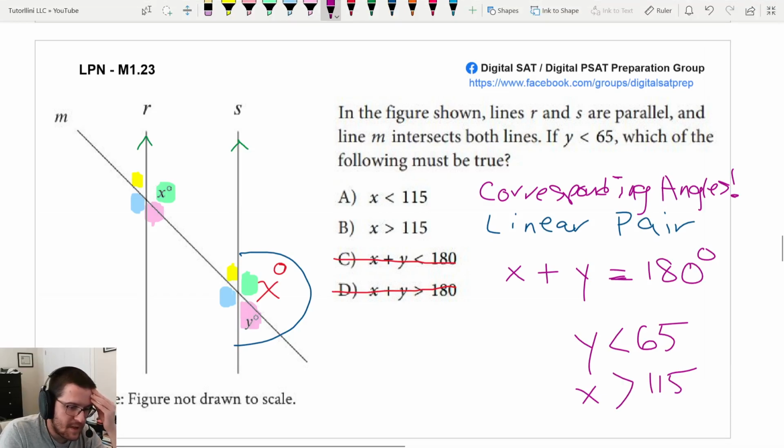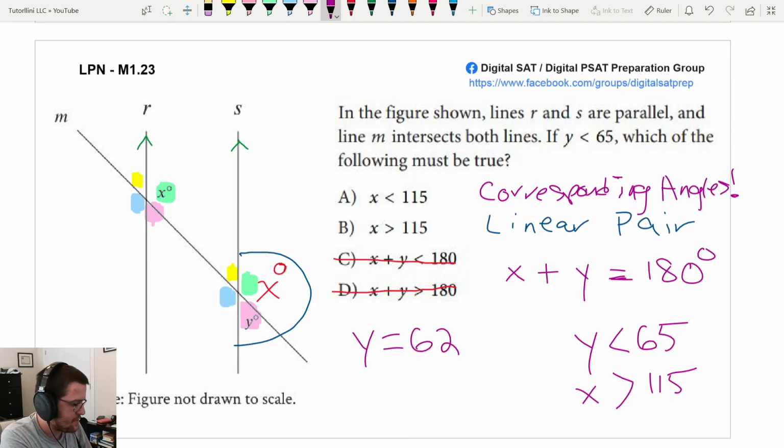Because if Y is smaller than 65, X needs to be at 115 or bigger to make up for that. And you can come up with a bunch of ways that will satisfy this, right? So, for example, let's do Y is 62, and then 180 minus 62 is 118.